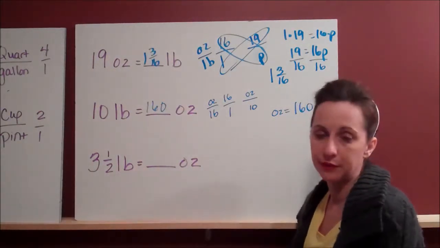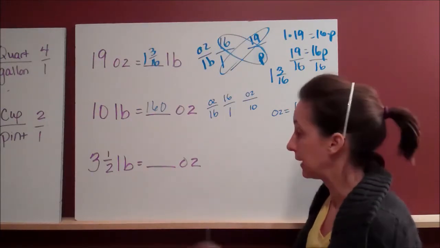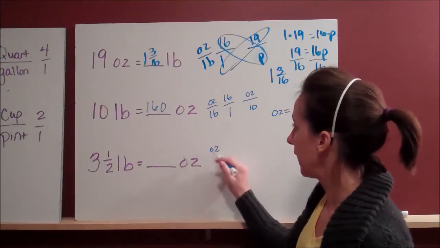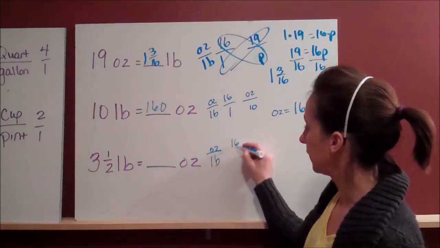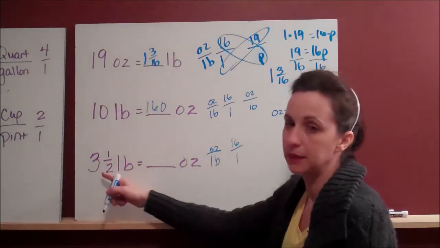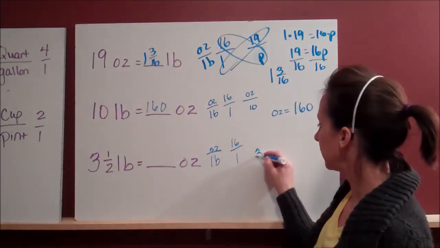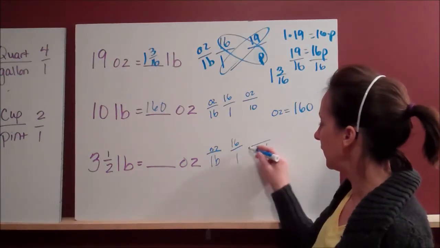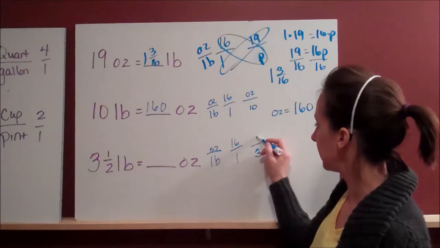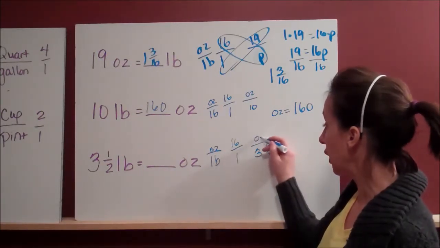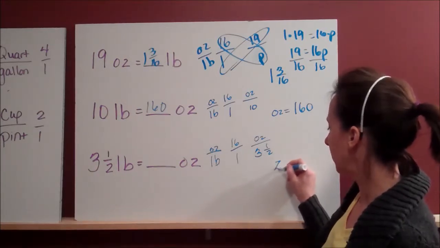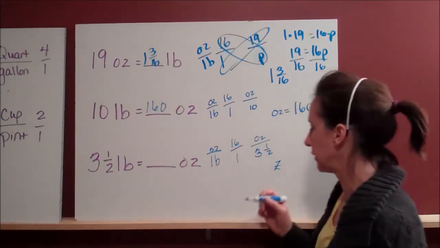What happens when there's a fraction? Well, it's treated the exact same way. Start with ounces to pounds. It's a 16 to 1 ratio because this is 3.5 pounds. It's going to go here. And 3.5 pounds is how many ounces? So 1 times O for OZ. Let's just call it Z because sometimes O is a little hard to decipher.